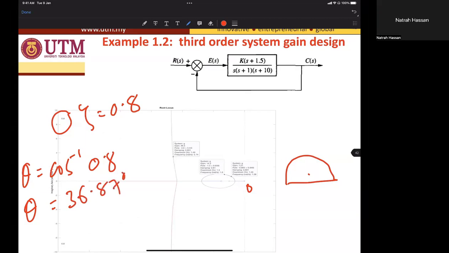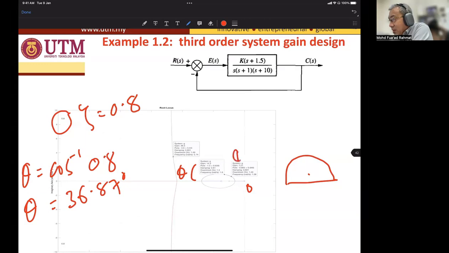Okay, which is over here. Okay, theta. So goes along. It will intersect the root locus 3 times. First intersection point, second intersection point, and third intersection point.